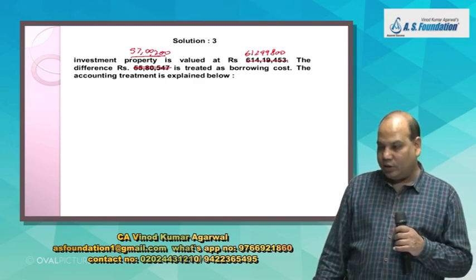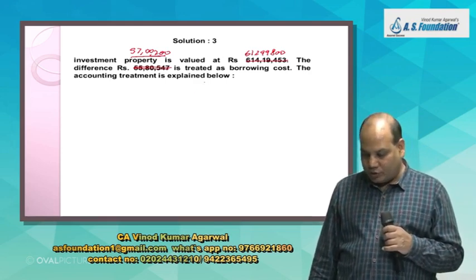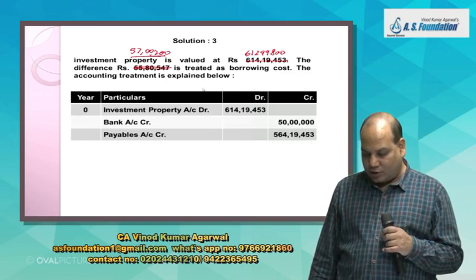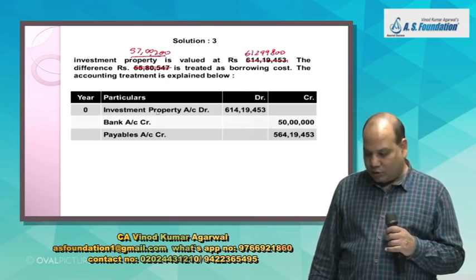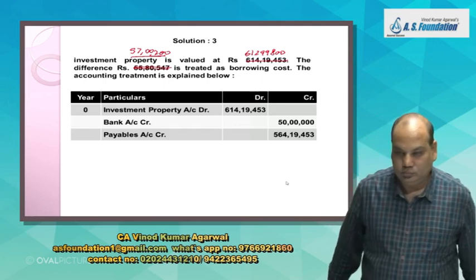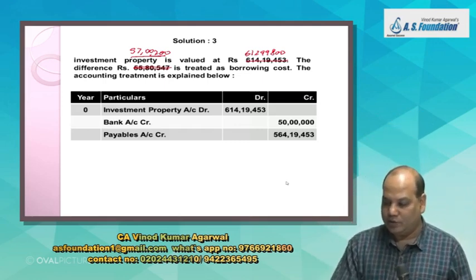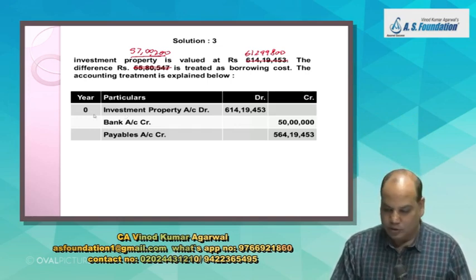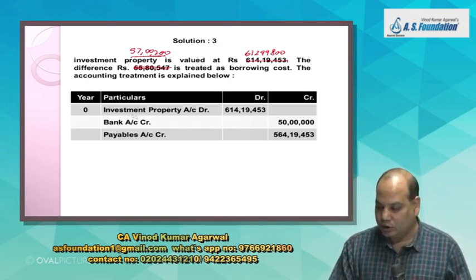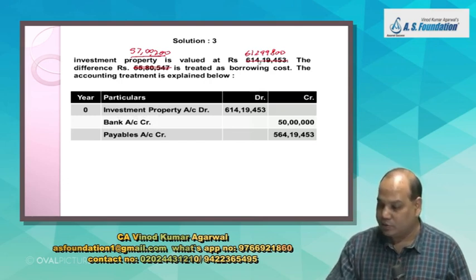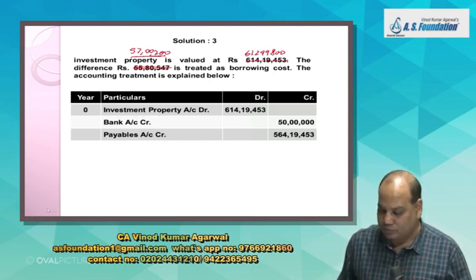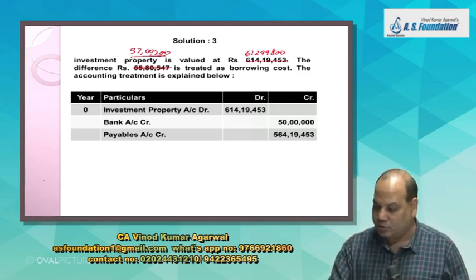Now accounting treatment is explained below. This you need not write, just write down directly journal entries. Journal entry on day 1. On day 1 we will capitalize the investment property. Year 0, right? Investment property account debit this figure 612,99800 to bank account 50 lakh.